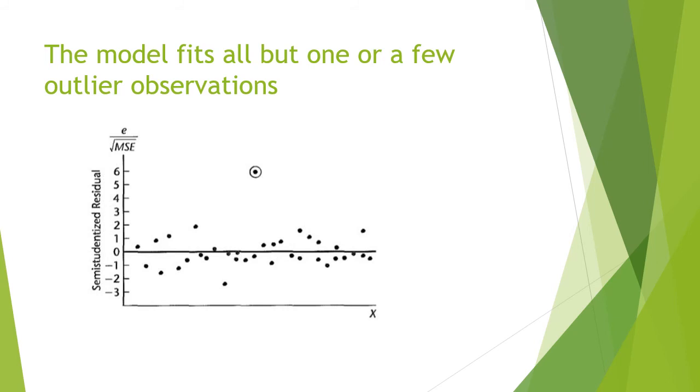In this case, this point is 6 standard deviations away from the normal data. This outlier would cause a normal linear regression line to be skewed and inaccurately predict the real world.